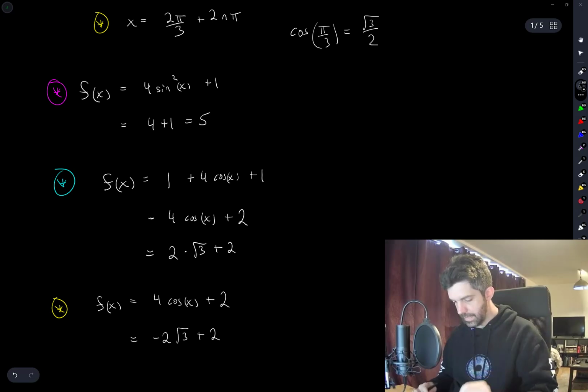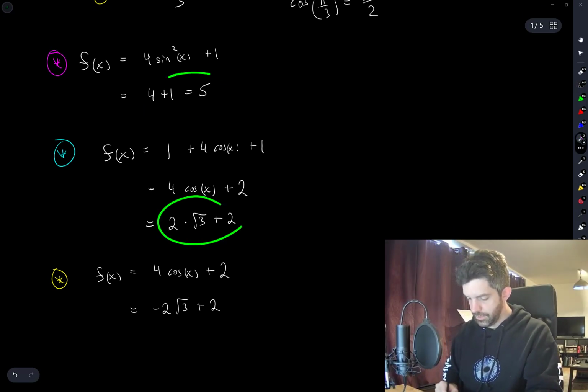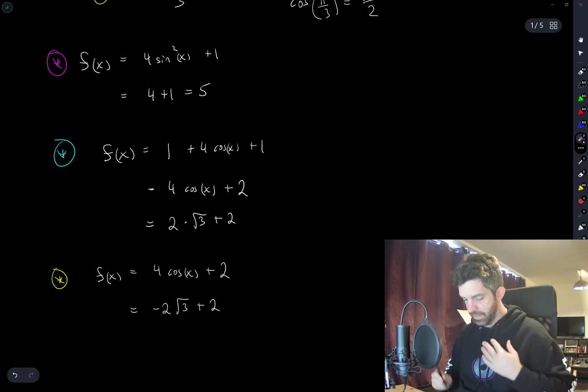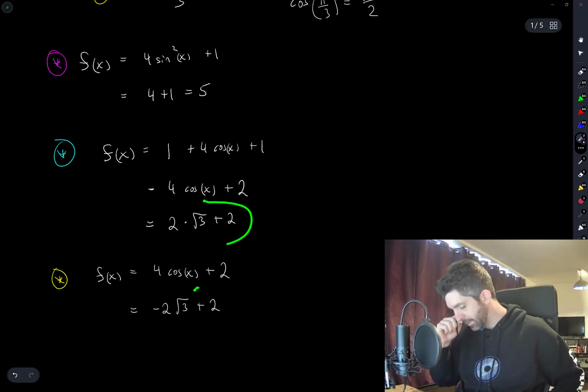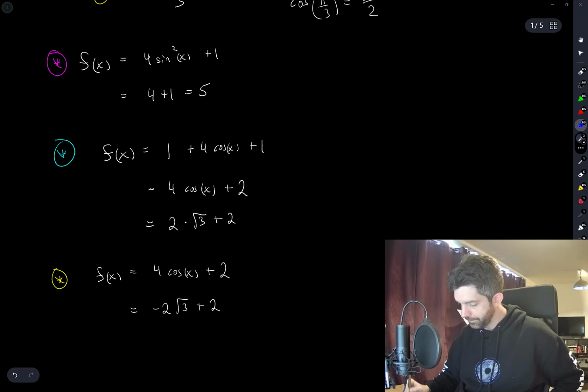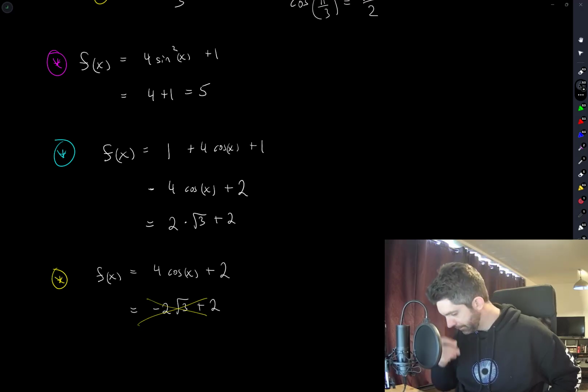Okay, so what we need to do now is take each of these numbers. These are going to be all the maxima and minima. In fact, we probably don't need this one, because this one is going to be greater in absolute value. So we're maximizing, yeah, the largest value.